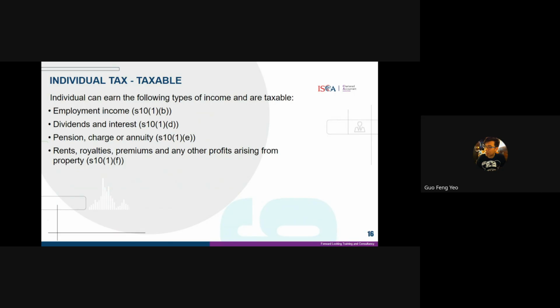Rent, royalties, premiums, and any other profits arising from property, covered under Section 10(1)(f) of the Singapore Income Tax Act. You may need to note that while these categories are prescriptive, all income of a revenue nature derived by an individual should be taxable unless otherwise exempted.